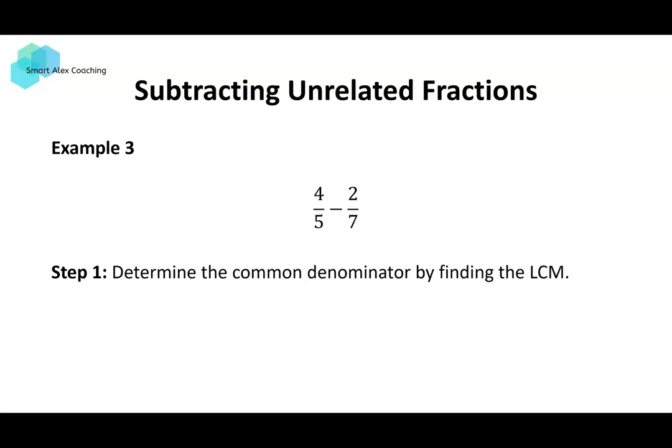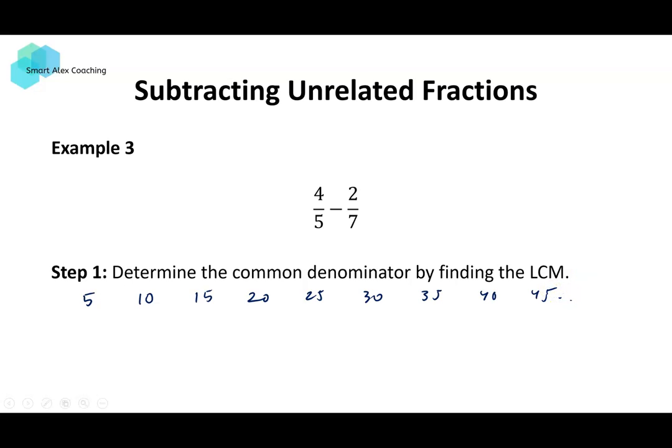Subtracting unrelated fractions. We also adopt the same strategies. Here I've got 4/5 and I want to take away 2/7. Determining the common denominator by finding the LCM, the multiples of 5 are 5, 10, 15, 20, 25, 30, 35, 40, 45.